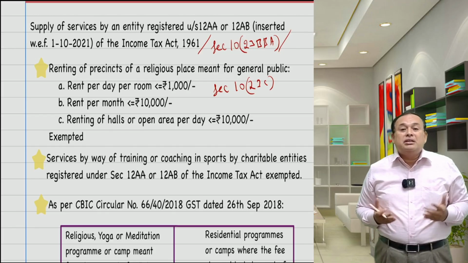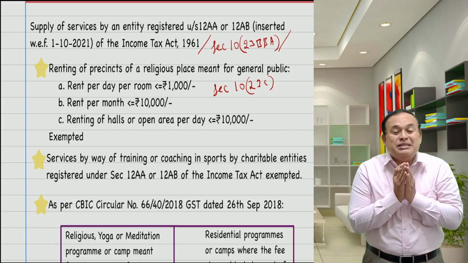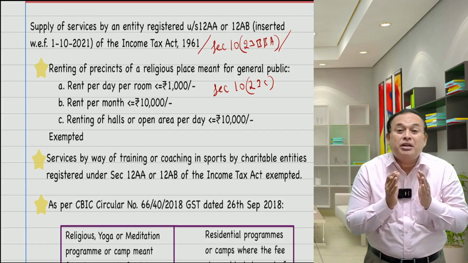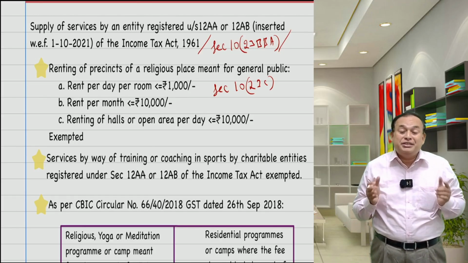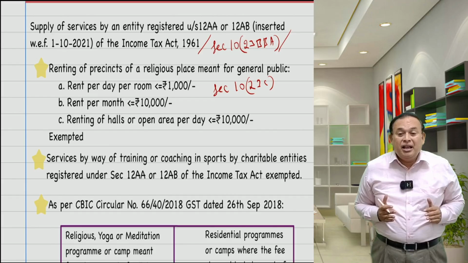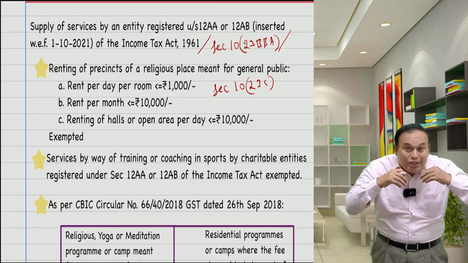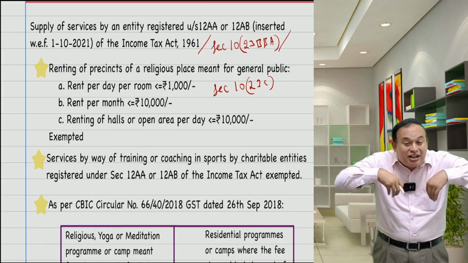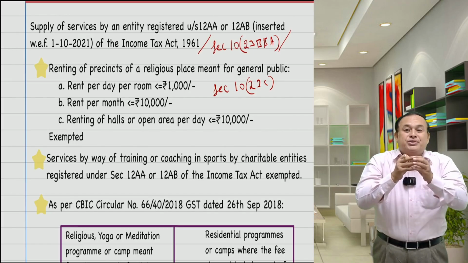Meaning what? The temple is open for all. As a human being, I can go and take the blessings of the Almighty. It is called general public at large. So, a religious place should be meant for the general public, and the property should be located within the compound walls of the religious place, within the precinct of the religious place.